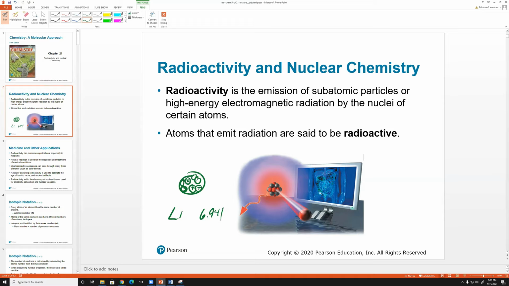What happens when radioactivity happens is the ratio between protons and neutrons gets out of whack. Meaning if you stuff in there a bunch of neutrons, what's going to happen? They're going to be super crowded. The protons might be forced together, which creates repulsion and stronger repulsion over time.